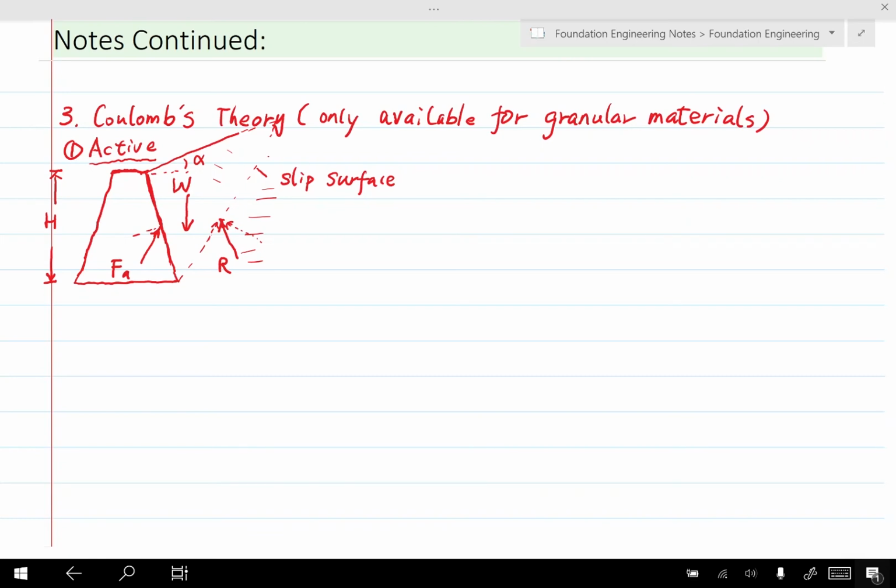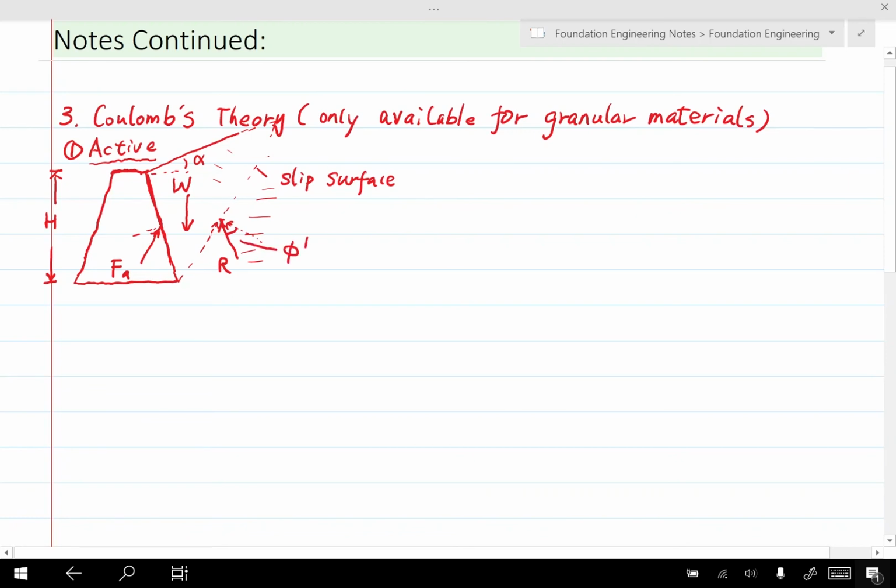Now we also want to determine the angles, the directions of the R and FA. For R, because it's the contact between soil and soil, on two sides of the slip surface we have the same type of soil. We know that for the friction between the same type of soil, that's the internal friction angle. So here, this angle should be phi prime.